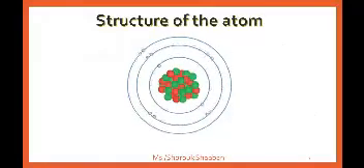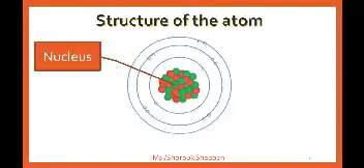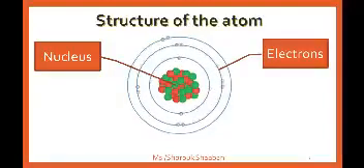We already learned before that the atom in general has two parts: a part inside and something moving around it. Do you remember what is inside the atom, what's found in the center? Yes, it's the nucleus. Very good. And what's moving around this nucleus? They are electrons. Very good.